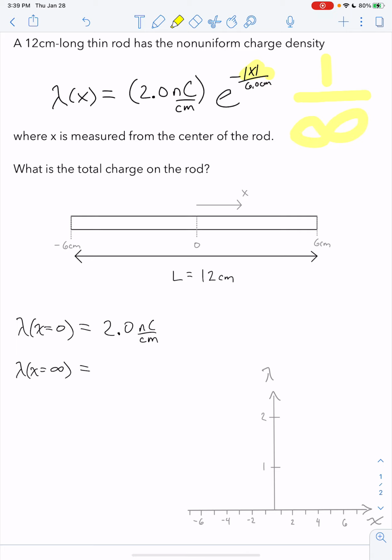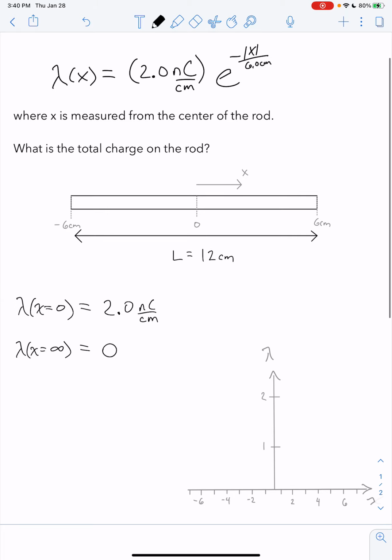So we're looking at 1 over infinity. And 2 divided by infinity is going to be 0. Basically, we just get to 0. And we may suspect that basically we've got a maximum charge density in the middle, and that's dropping off exponentially. And eventually that exponential approaches 0.